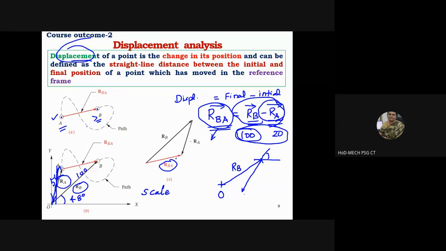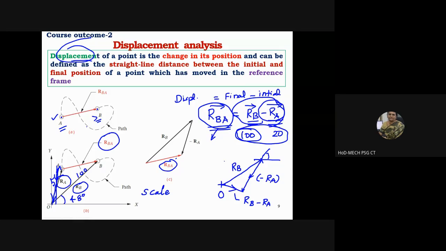Okay, so this is actually minus RA. Now this closing side gives you RB minus RA. This gives you the displacement vector, RB minus RA.